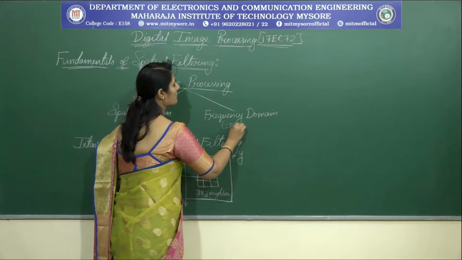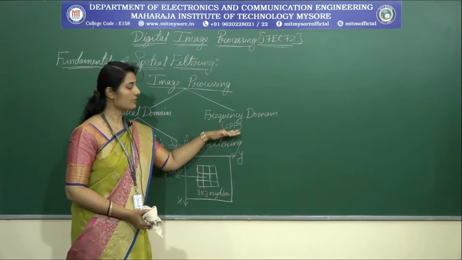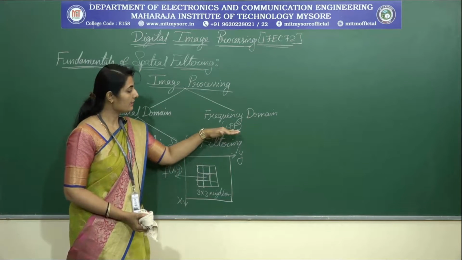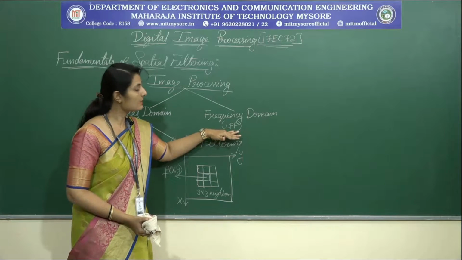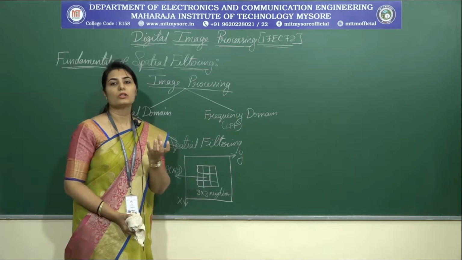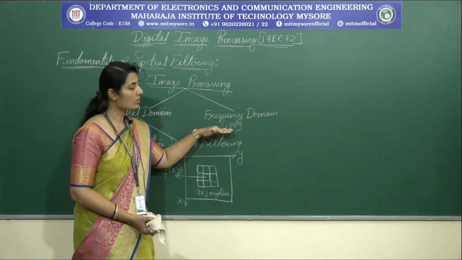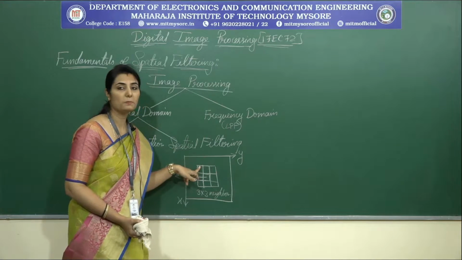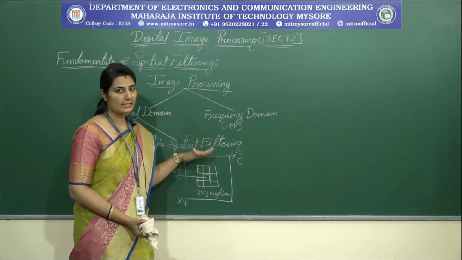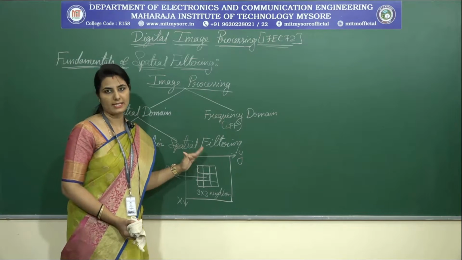It passes the low frequency components and rejects the high frequency components. The net effect of this low pass filter is that it creates blur or smoothing in the image. This similar blur or smoothing can also be accomplished in spatial filtering. Therefore we say there is a one-to-one correspondence between spatial filtering and the frequency domain.